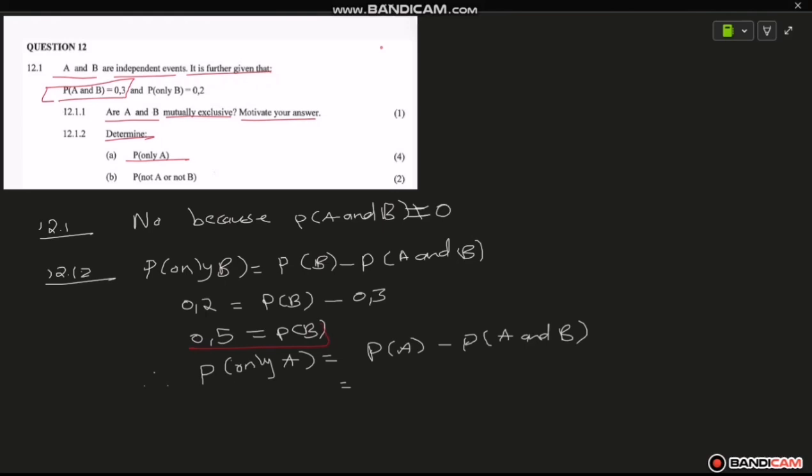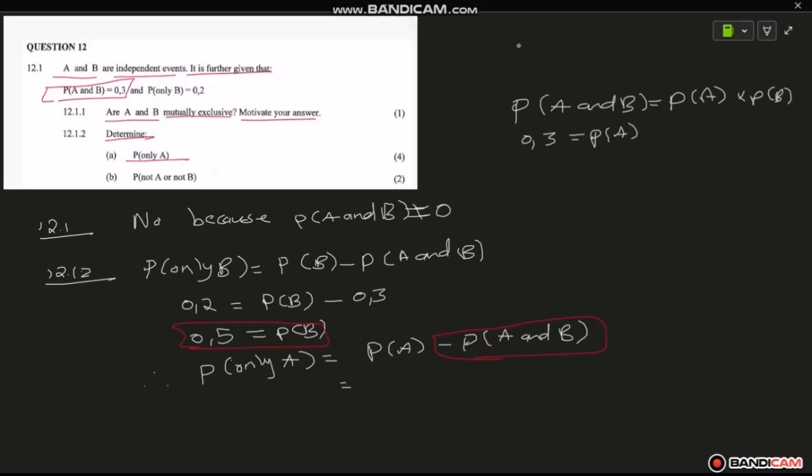So what we're going to do right now is use this P of B and the intersection to find P of A, because they told us that they are independent. Therefore, P of A and B equals P of A times P of B. This is 0.3, the intersection.